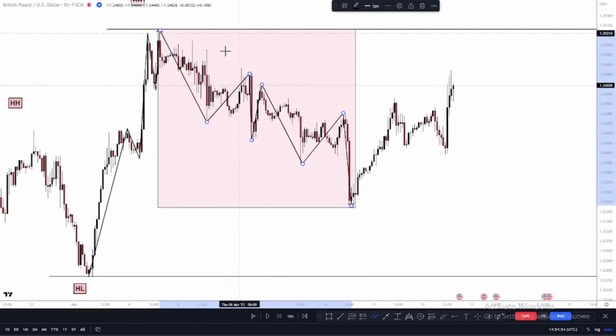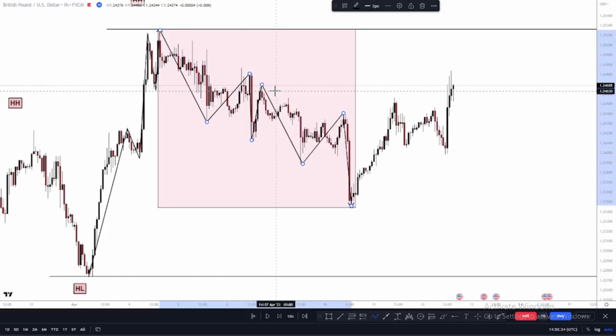So in this area, price was creating a series of lower lows and lower highs. So at this point, the H1 was bearish, not bullish. Do you understand what I just said?